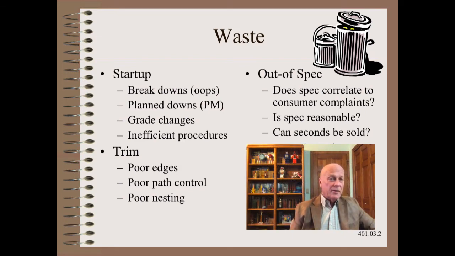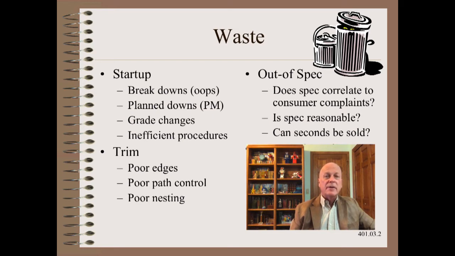Perhaps the most familiar type of waste is internal rejection because a product is out of spec. However, familiar does not always mean well understood or well done. Some specifications simply do not correlate to customer complaint, perhaps because the test method or sampling is not good enough, or perhaps because that property is not something the customer cares much about.